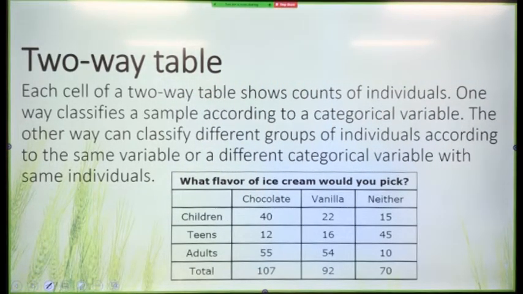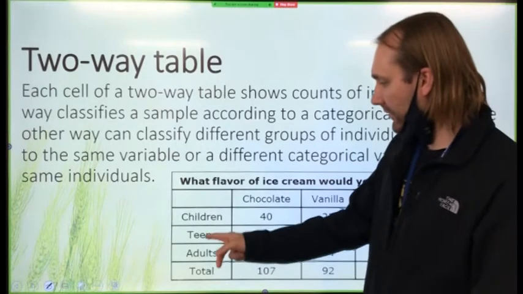Now we're going to take this data from tables. A two-way table is where each cell shows counts of individuals. One way classifies a sample according to a categorical variable. The other way can classify different groups of individuals according to the same variable, or a different categorical variable within the same individuals. Meaning, I have children, teens, and adults.